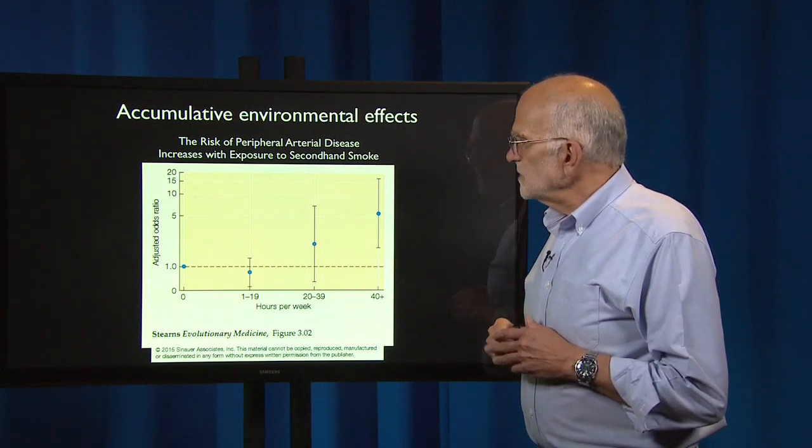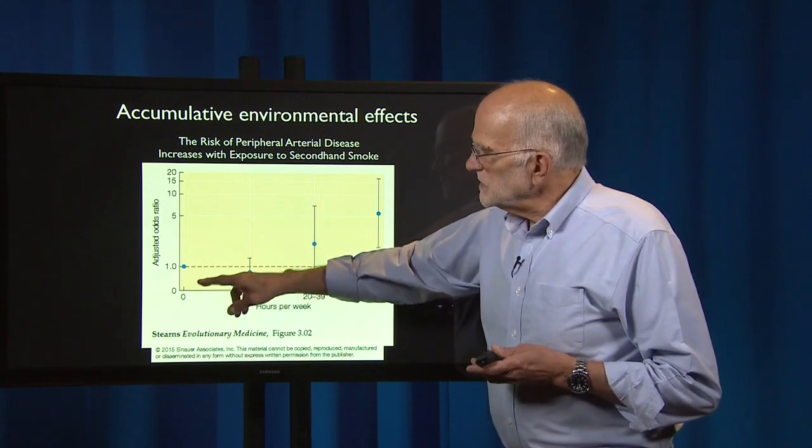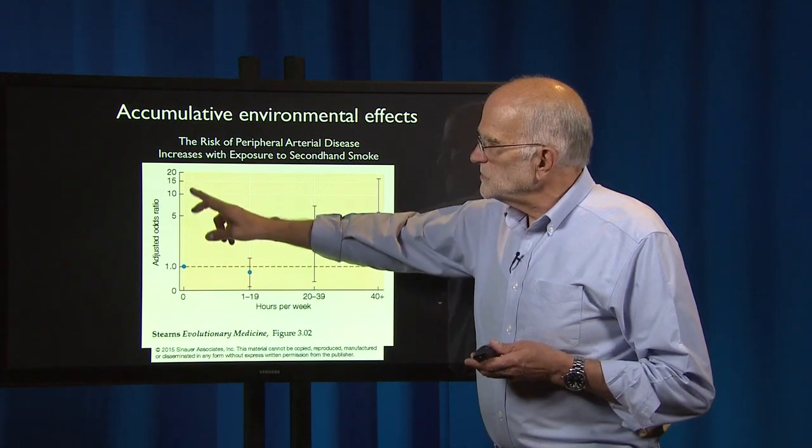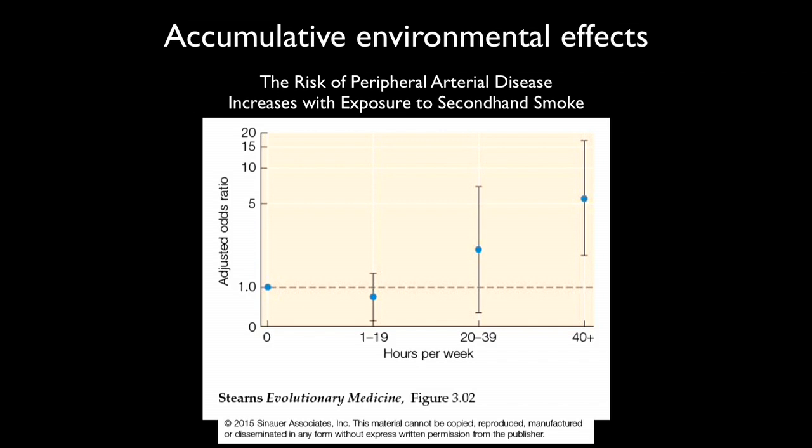Here is an example of an accumulative environmental effect. What you see here is the risk, the adjusted odds ratio, on the y-axis of developing peripheral arterial disease as a function of the amount of secondhand smoke encountered in the environment. So this is hours of exposure per week to secondhand smoke.